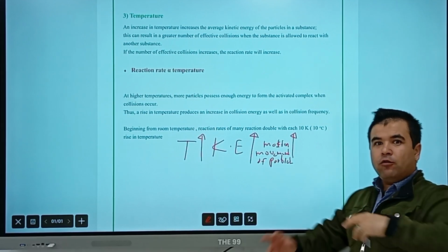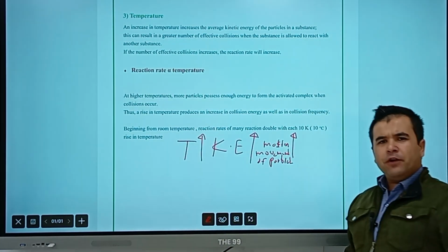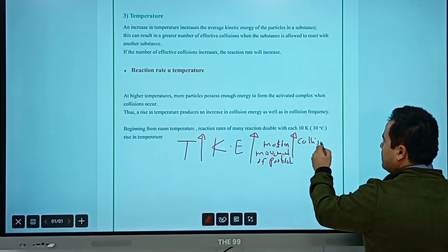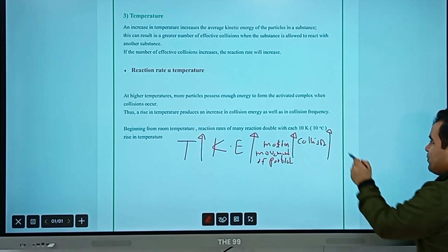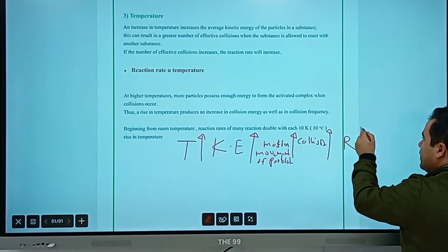And as the movement of particles in the system increases, what will happen to the collision frequency and collision efficiency? Collisions increase between the particles. As collisions increase, the rate of the reaction, which is represented by R, increases.